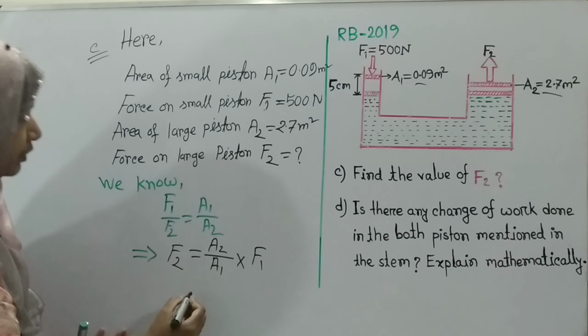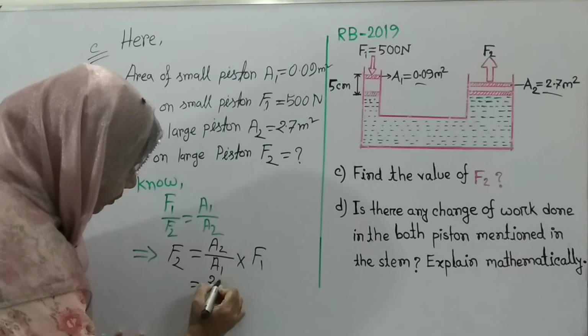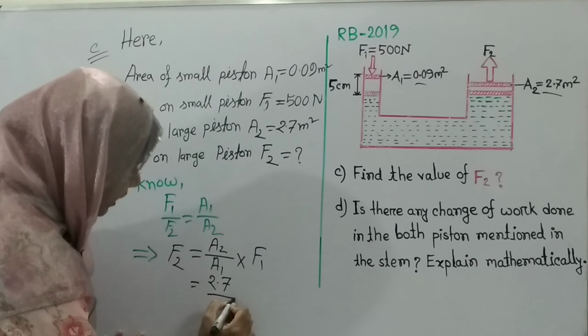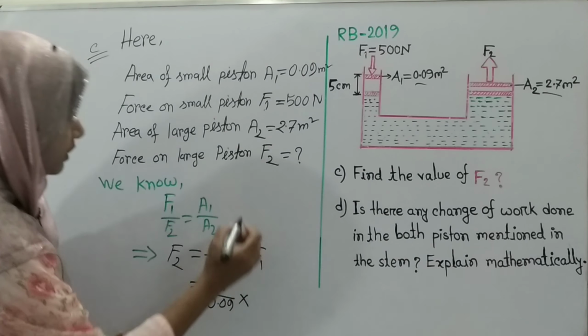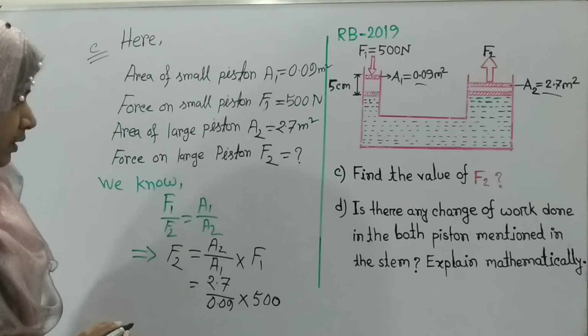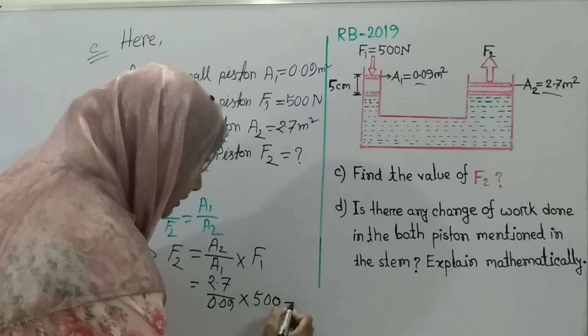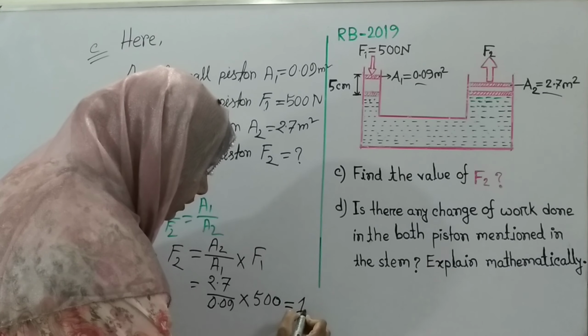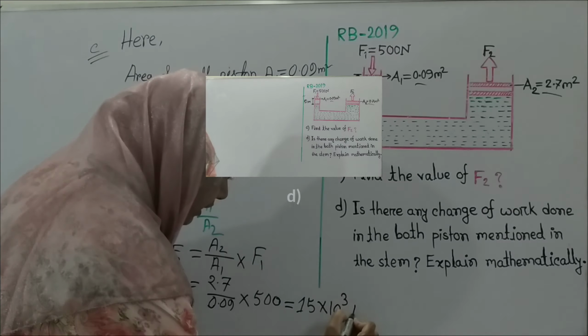Now I am going to put the values. Here the value of A2 is 2.7, A1 is 0.09, into F1, which means 500 Newton. So after calculating it, you will get the result 15 into 10 to the power 3 Newton.